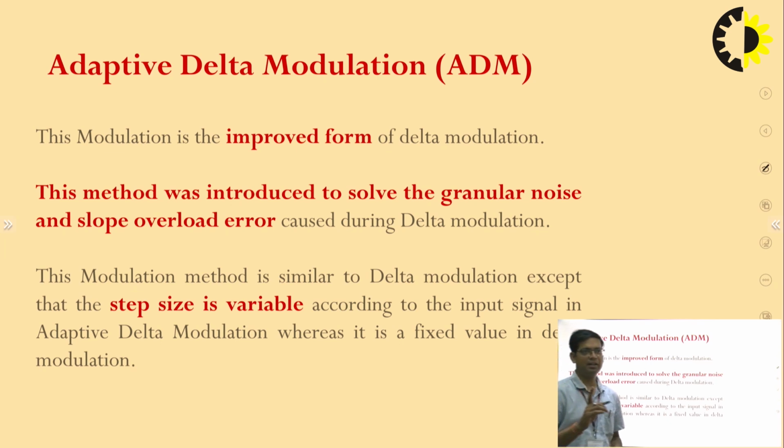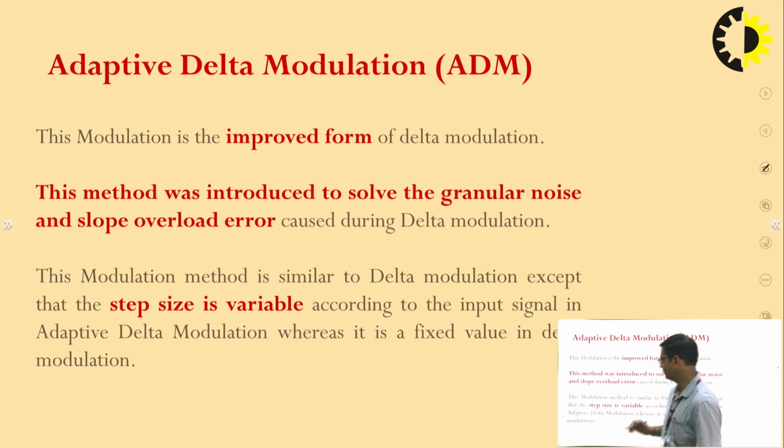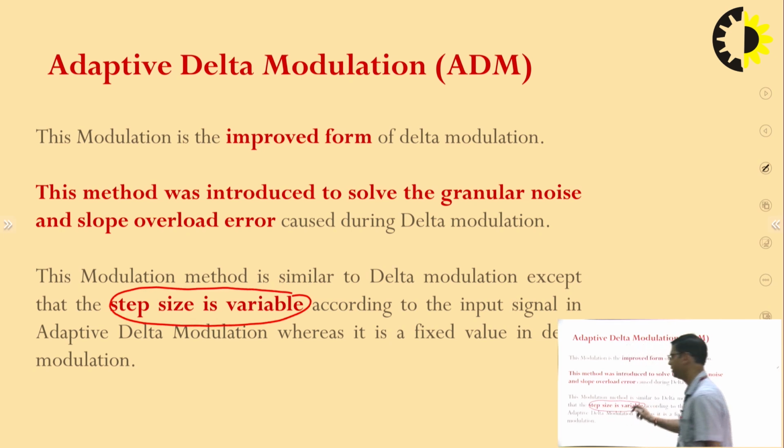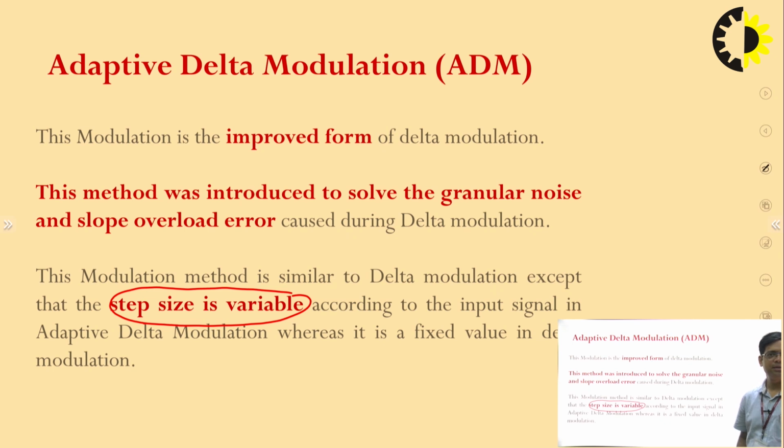In adaptive delta modulation technique, what we do is we make the step size variable. In case of delta modulation, step size was constant. So, in case of slope overload error, our step size was not large enough to catch up with the slope of the message signal.